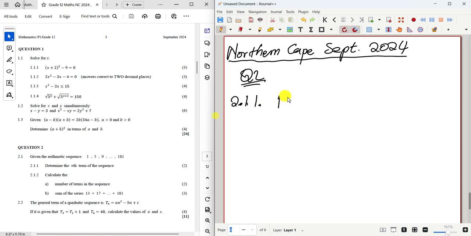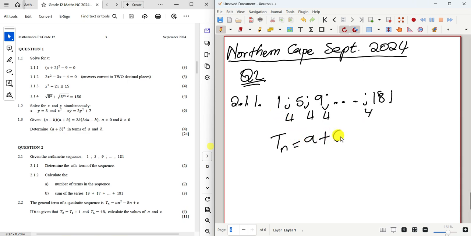So this is 1, 5, 9, and so on until 181. 5 minus 1 is 4. 9 minus 5 is 4. It seems like it will be 4, 4, 4 because they said arithmetic. Therefore, I'm expecting the general term to be 4n minus 3, but let's use the formula.